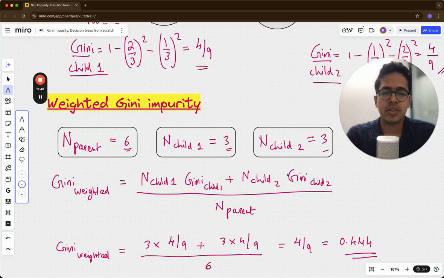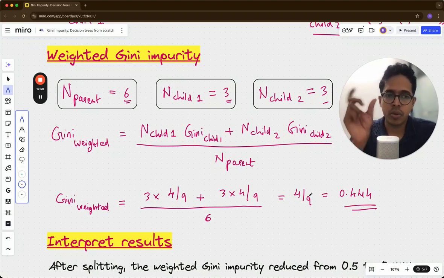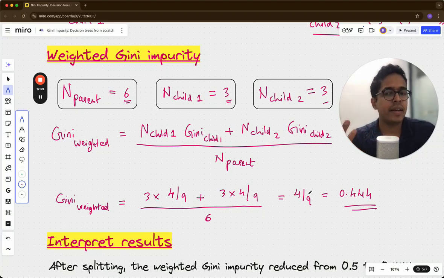The Gini impurity associated with child 2 is multiplied by number of data points in child 2 divided by number of points in the parent node. So the weighted impurity in this case will be equal to 4 by 9 because both nodes have equal number of data points, 3 and 3, and both children nodes have the same Gini impurity 4 by 9. So the total weighted Gini impurity will also be 4 by 9, and 4 by 9 equal to 0.444.